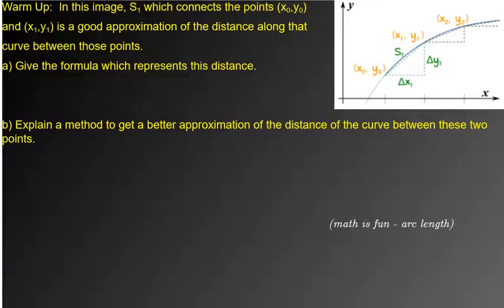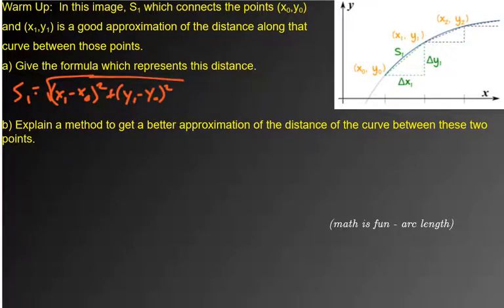S1 is equal to the square root of x1 minus x sub 0 squared, plus y1 minus y sub 0 squared. We can think of this as delta x1 squared plus delta y1 squared.